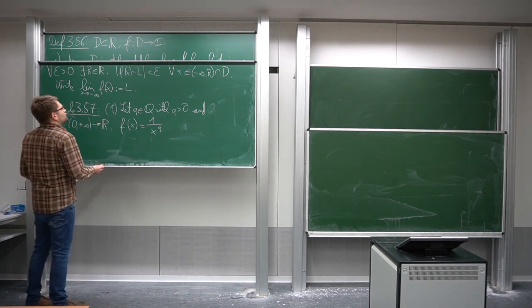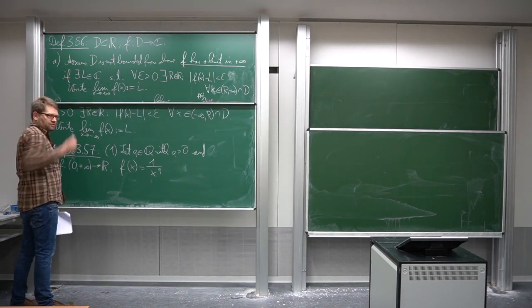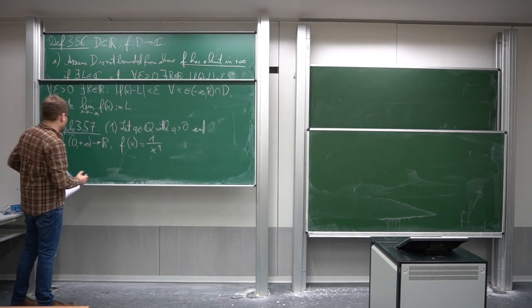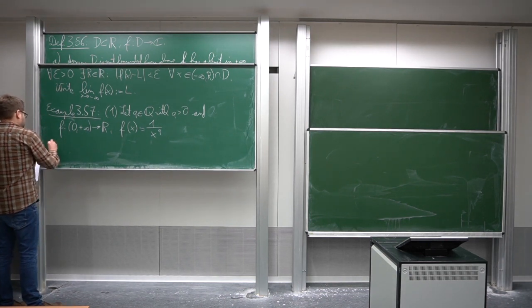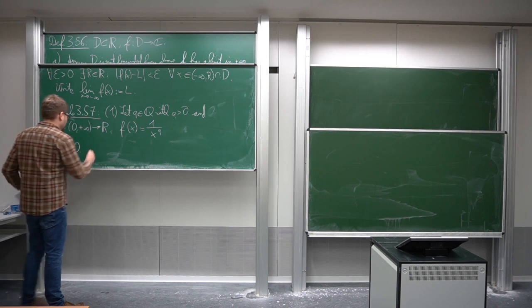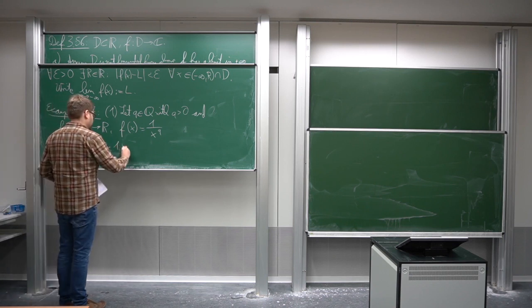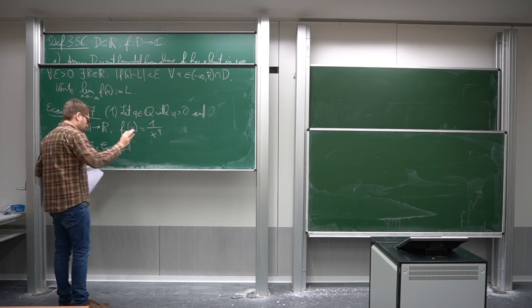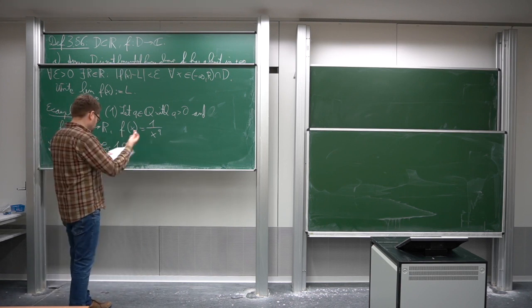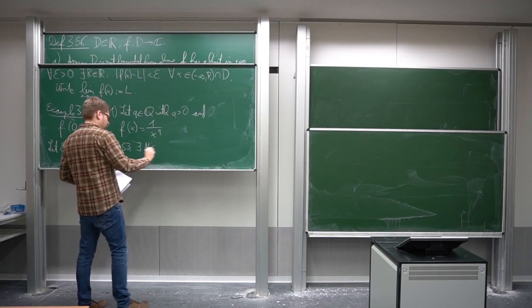Okay, so we do this really by the definition of this limit. For each epsilon, we need to find some real number such that this holds, and this is something you can really explicitly compute at this point. Namely, for epsilon bigger than 0, by a statement from quite a while ago, by Corollary 153, I'm just mentioning this for completeness of the argument, you don't need to know all these numbers.